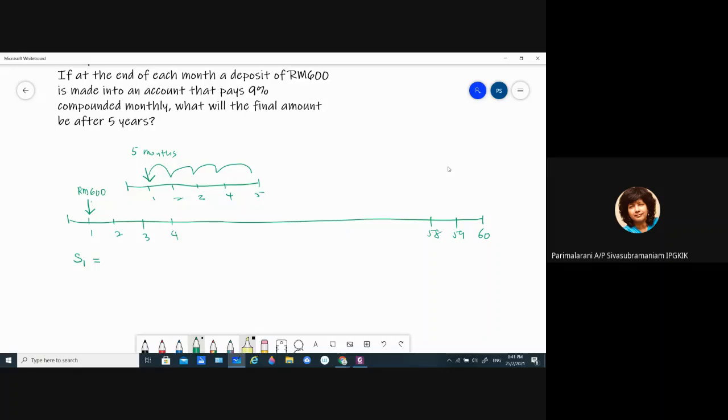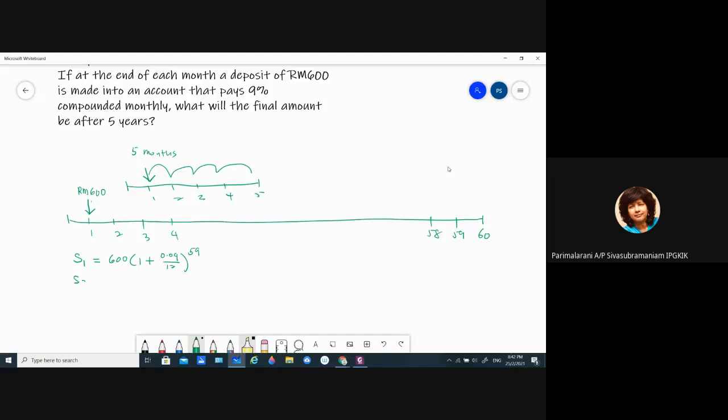So how much is this? 600 into 1 plus your i, which is 0.09 over 12, to the power of 59. Yes. So this first deposit will collect this much money. This is the future value of it.